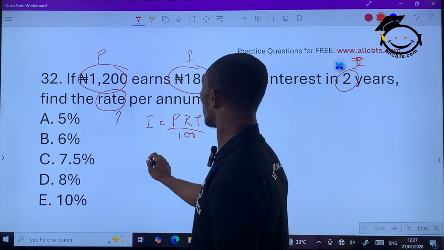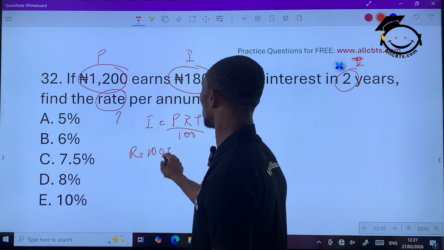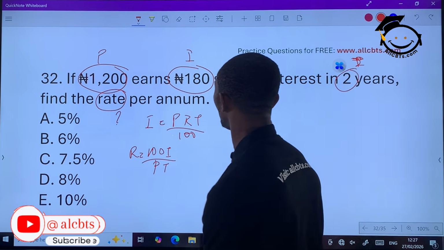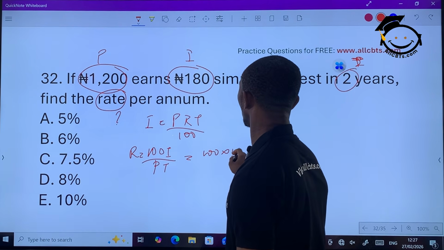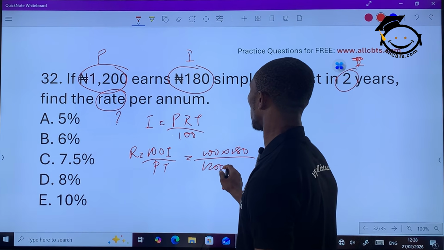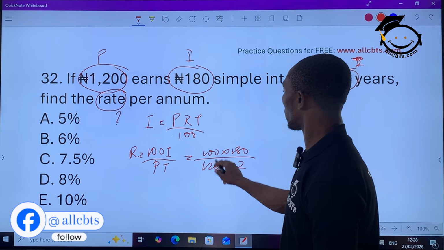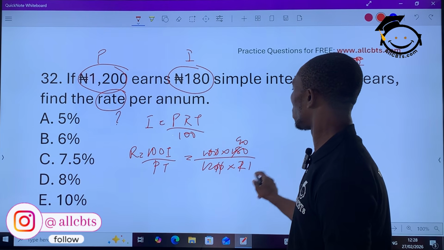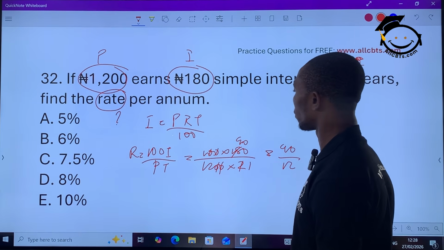All right. So rewriting this, we have rate equals 100 times interest all over principal times time. Now, 100 times 180, which is our interest, divided by 1,200, which is our principal, times 2 years, which is our time. Cancelling zeros, 2 here 1, 2 here 90, leaving us with 90 all over 12.